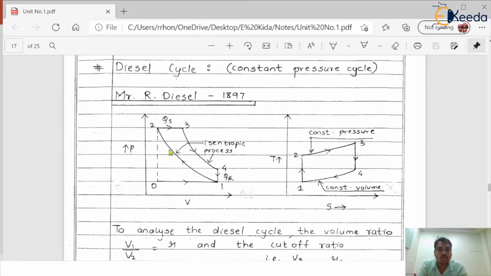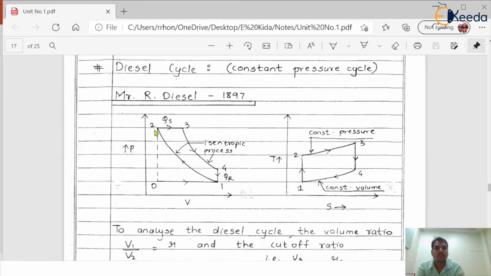As process 1 to 2 indicates the compression process, the temperature as well as pressure of air increase, and into this pressurized and heated air, we provide the diesel spray with the help of the injector, and that is called heat supplied. This process 2 to 3 is called the heat supplied process, where the injector injects the diesel inside the engine cylinder.